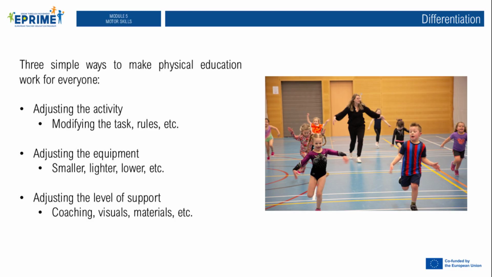These strategies are easy to apply, and chances are you're already using some of them. We're going to look at 3 key approaches: adjusting the activity, adjusting the equipment, and adjusting the level of support. Think of these as tools in your teaching toolkit. You don't have to use them all at once, but having them on hand gives you flexibility when children need it.